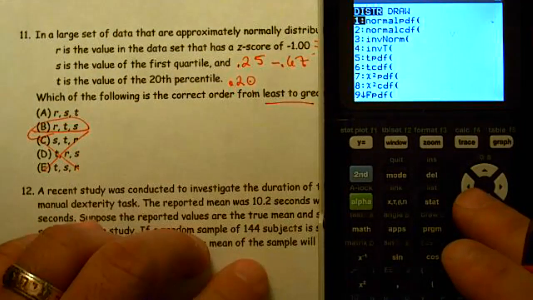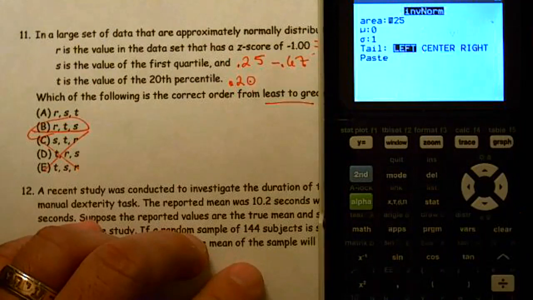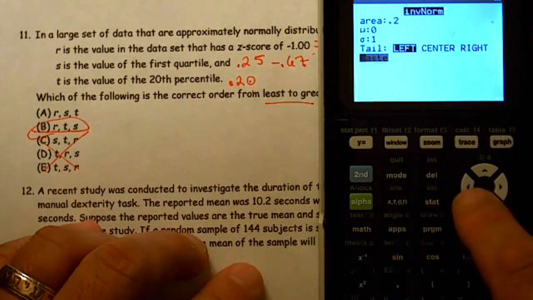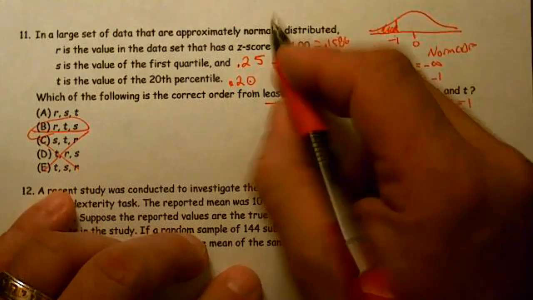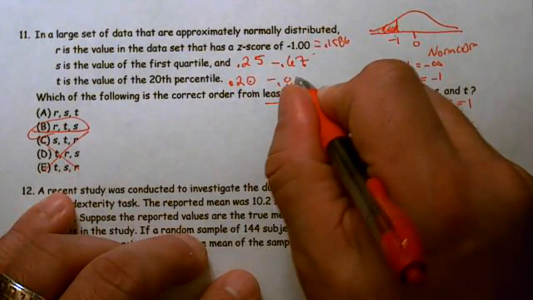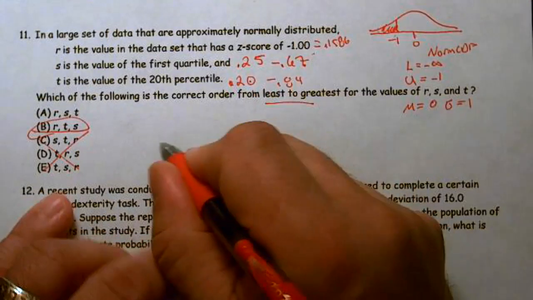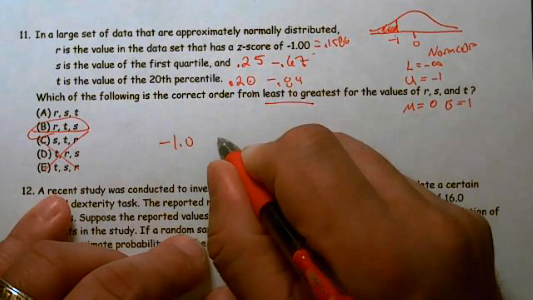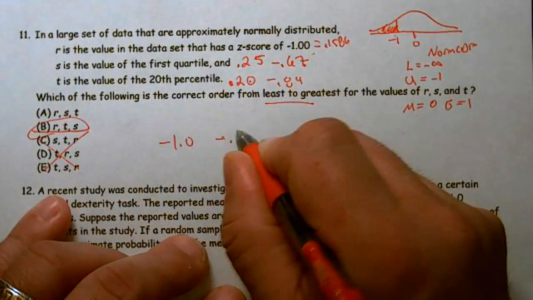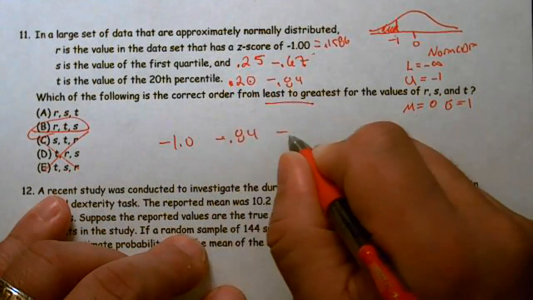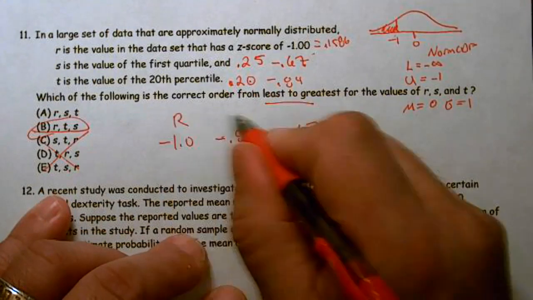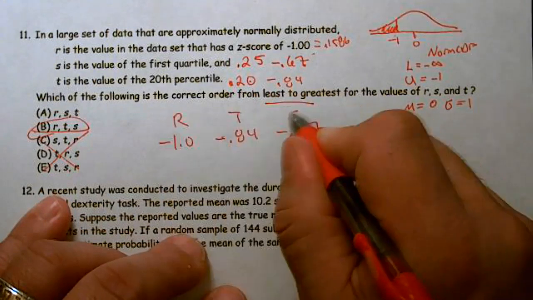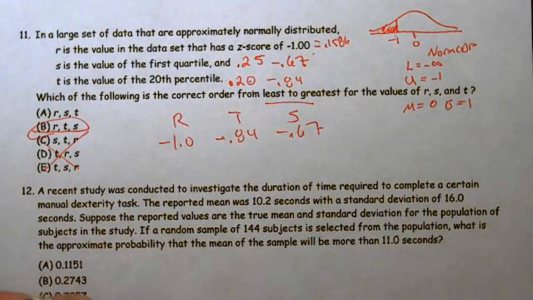Second Vars, invNorm, 0.2, and I get -0.84. If I were putting those in order, it'd be -1.0, then -0.84, and then -0.67. Smallest being R, next smallest being T, then S. Same thing, just a different way to approach the problem.